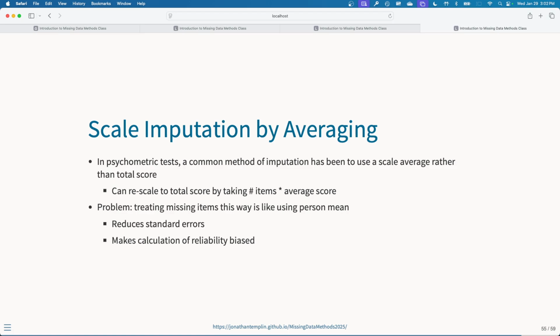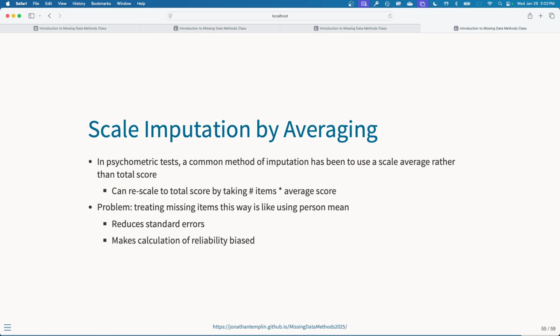We sum up our Likert items. But if someone didn't give you one of those responses, what do you do with them? Because their sum is not out of the same total now. If you had 5 items, they were all 5 points each, 1 through 5, your total would be 25, right, from all 5. Somewhere between 5 and 25 is the range of the score. But if someone omits one of those items, their range of the score is 4 to 20. So what do you do with it, right?